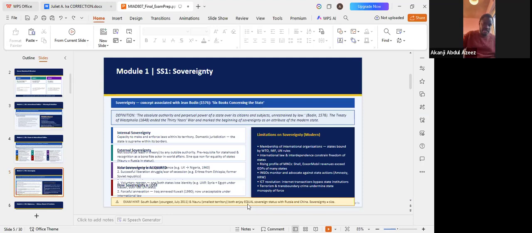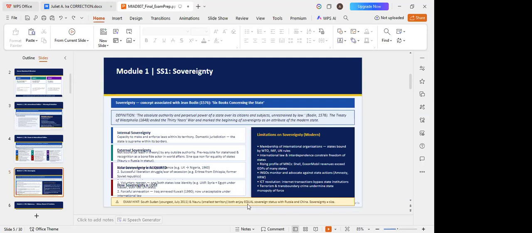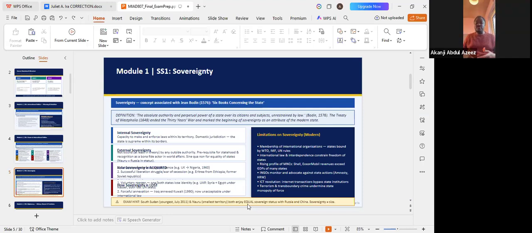Tinubu can condemn and sanction it. Let's say a governor goes from his state to another state and violates another governor; the central government of Nigeria can sanction that governor. But the international system is anarchical in nature. Listen, there is no central government. So there are some things that are abnormal in domestic politics, but in international politics, they go scot-free.